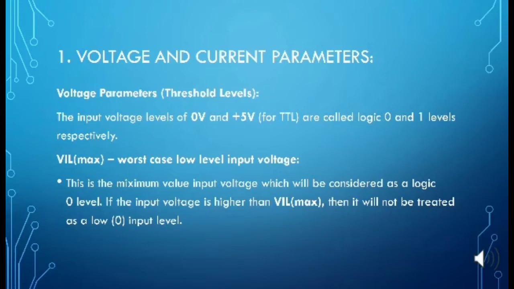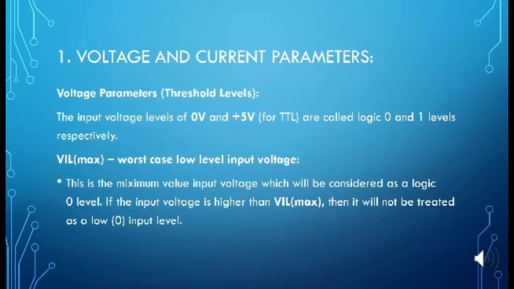Ideally, the input voltage levels of 0 volt and positive 5 volt are called logic 0 and 1 levels respectively. However, practically we will not always obtain voltage levels matching exactly to these values. Therefore, it is necessary to define the worst case input voltages.